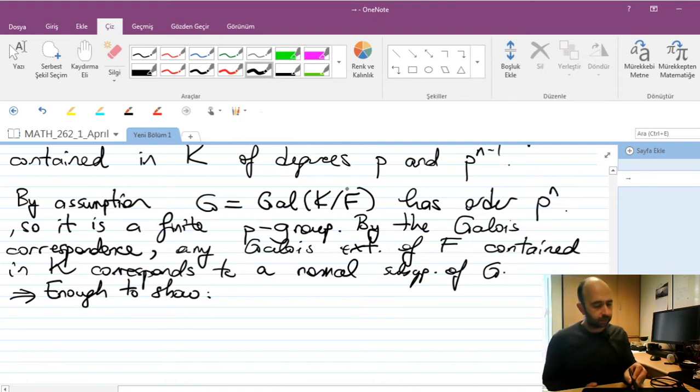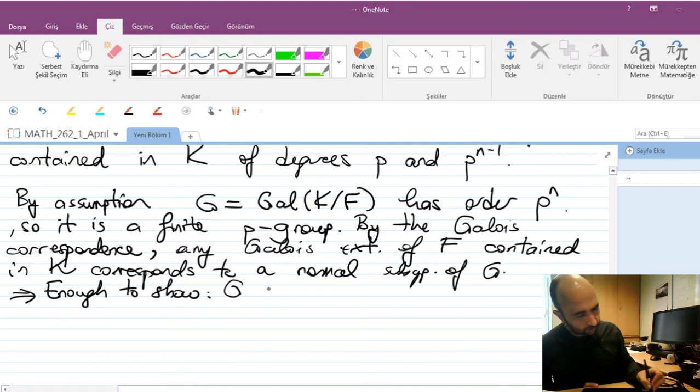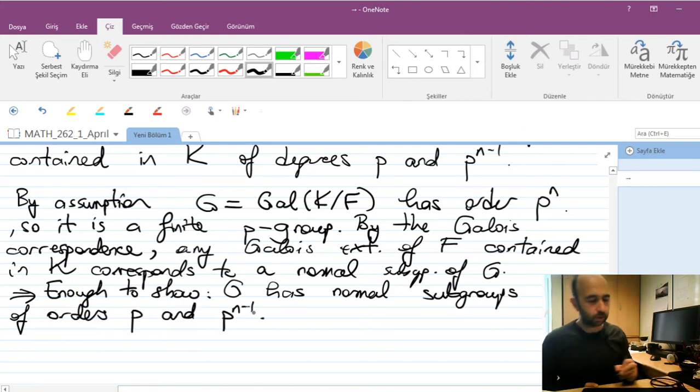For the degree p extension of F, you would need an index p subgroup and vice versa, but anyway, the numbers are symmetric. So G has normal subgroups of orders p and p to the n minus 1.